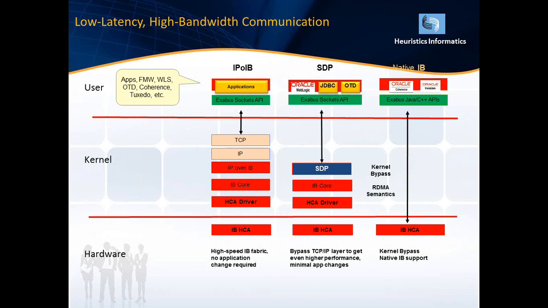Now for the middleware applications, how do the protocols work? It works with IP over InfiniBand protocols, SDP protocols, and native IP. It uses kernel bypass, known as remote direct memory access semantics, which can access the data from other virtual machines and other compute nodes.